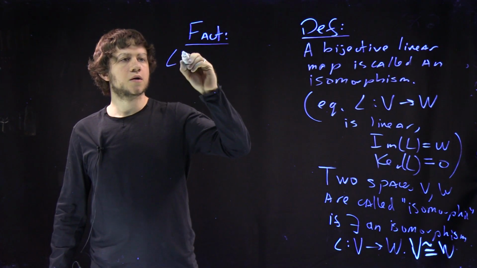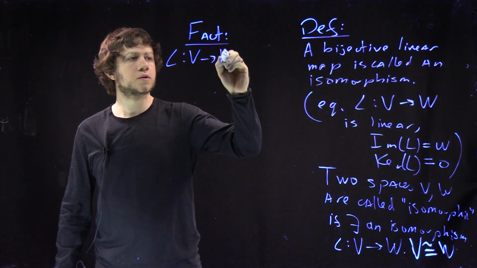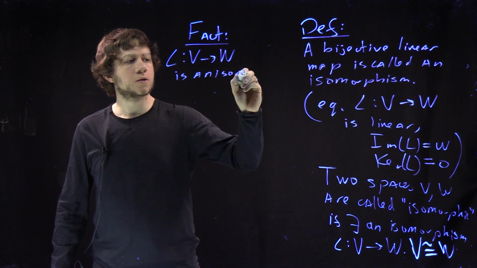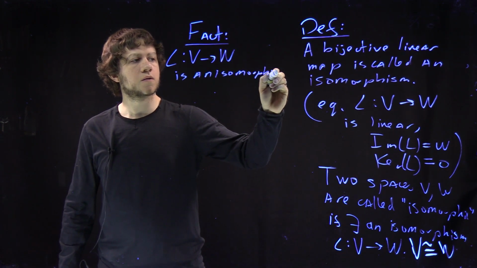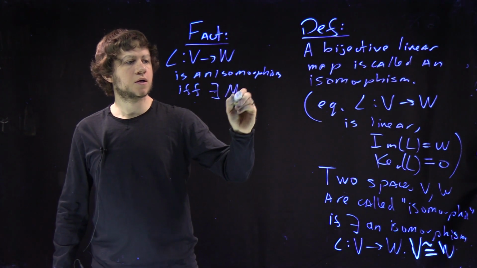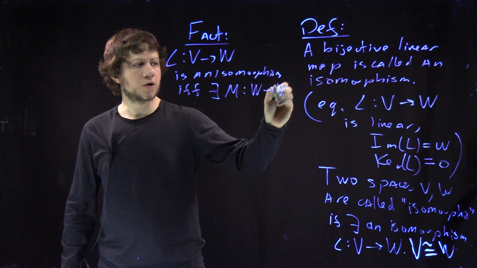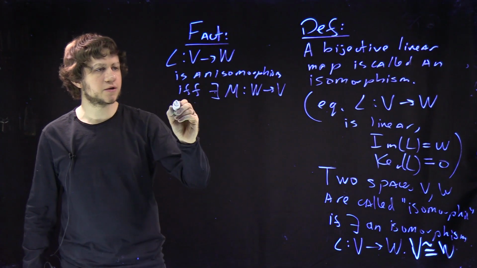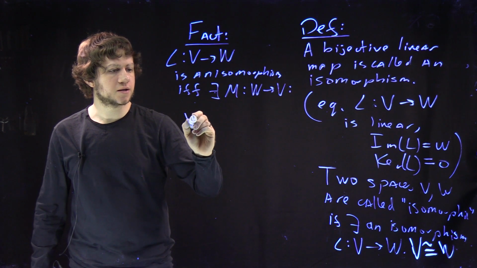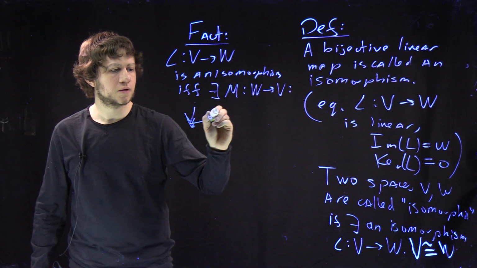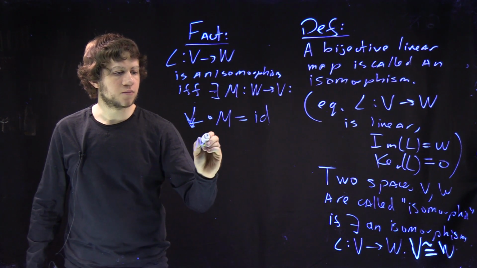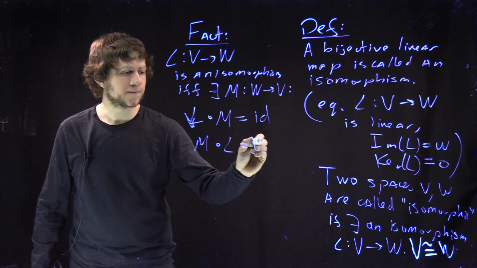L from V to W is an isomorphism if and only if there exists M from W to V, also linear, so both maps are linear, such that L composed with M is identity, and M composed with L is identity.